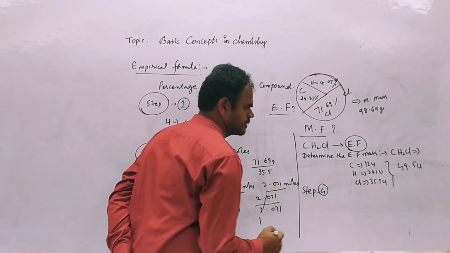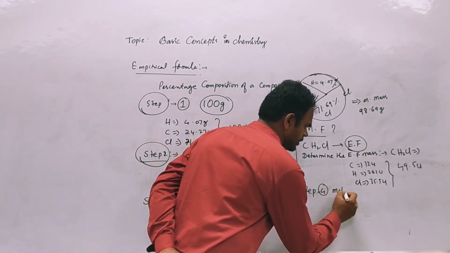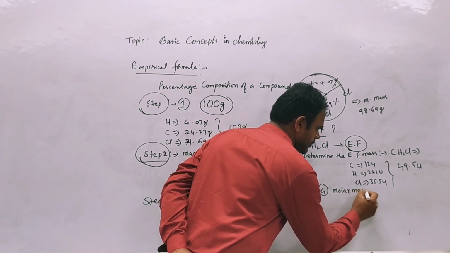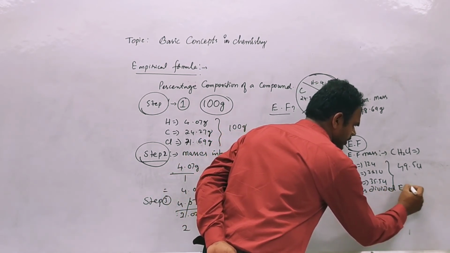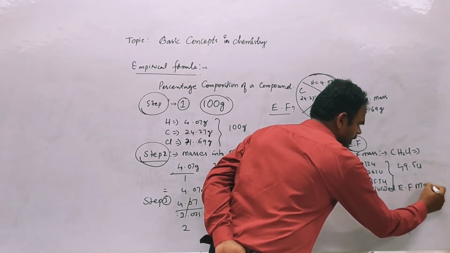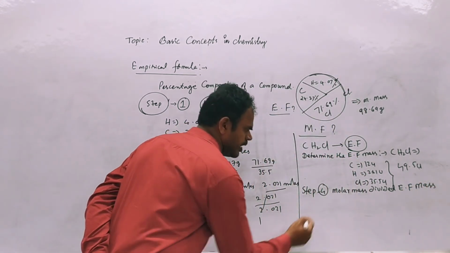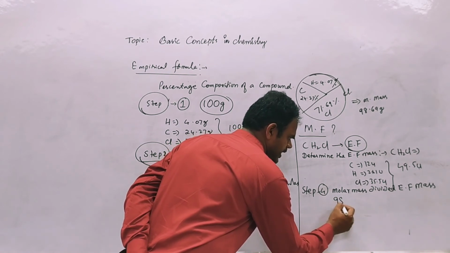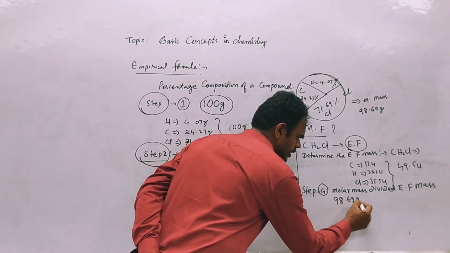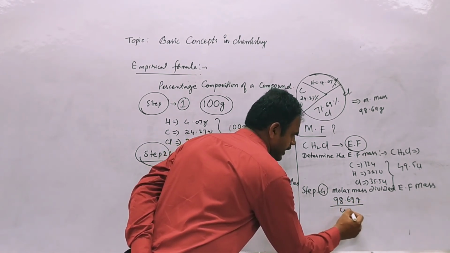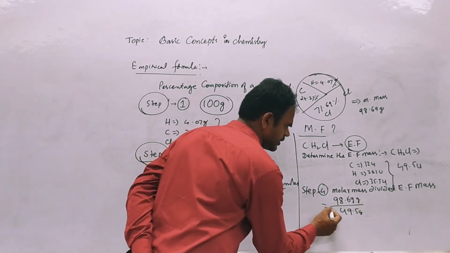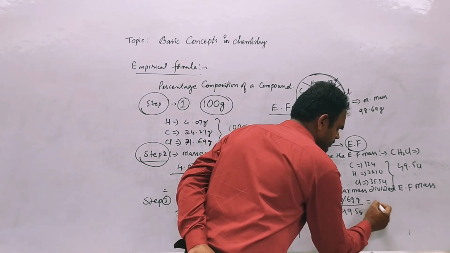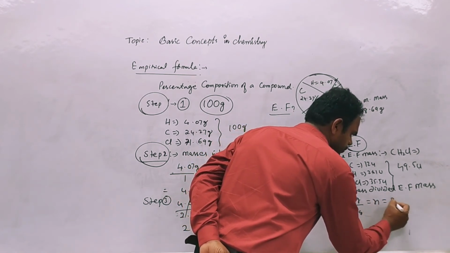Step 4: divide the given molar mass by the empirical formula mass. The molar mass is 98.69 grams, divided by 49.5, and you will get the integer n equal to 2.